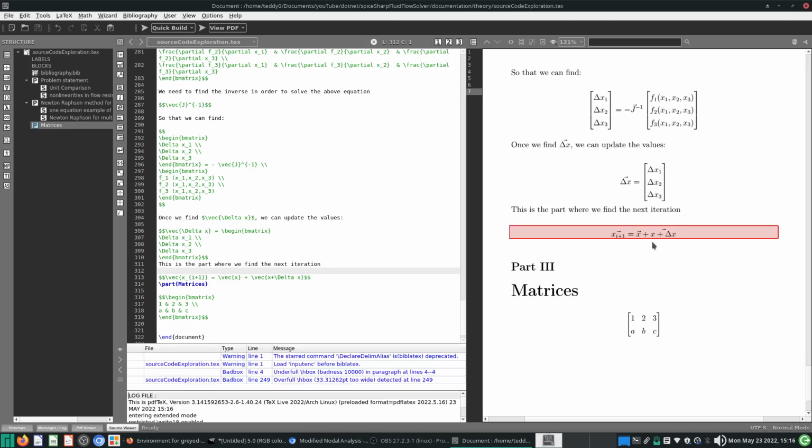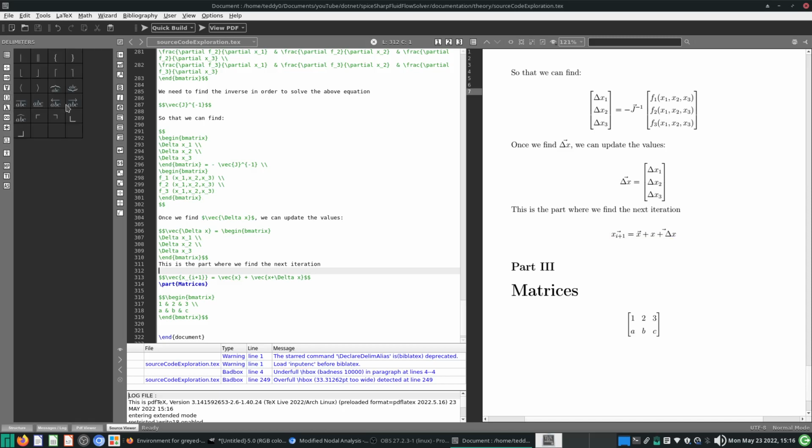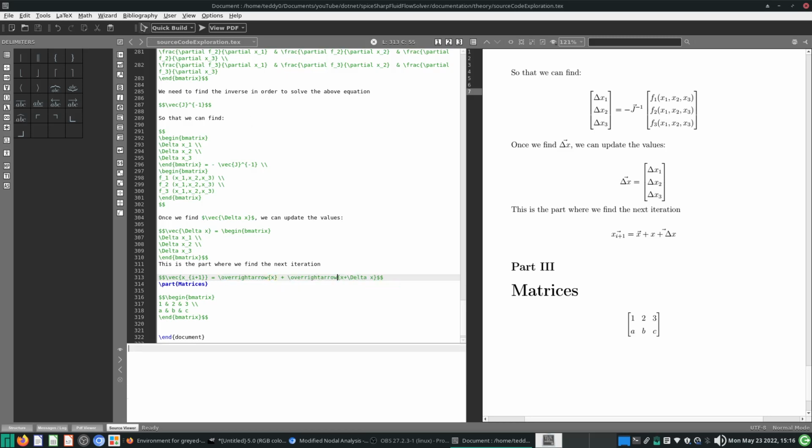I don't know how we are supposed to get a white vector down here. Let me see if I can find this. Maybe I'll use over right arrow instead of vector. Maybe that looks a bit nicer, where it carries across the message that these are vectors.